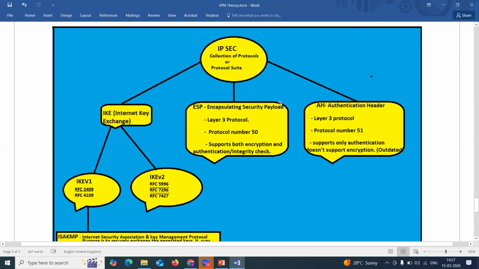You don't find these things in books or other places. This is my way of understanding IPsec, the framework that I created for myself. I felt this is one of the best ways of understanding, and I want you guys to follow the same.